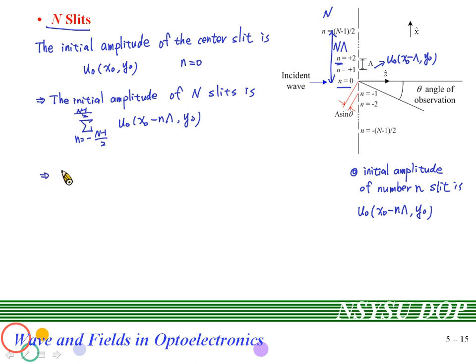So to find the diffraction amplitude of this problem of the N slits, you have to perform the convolution of the initial amplitude with the h function.